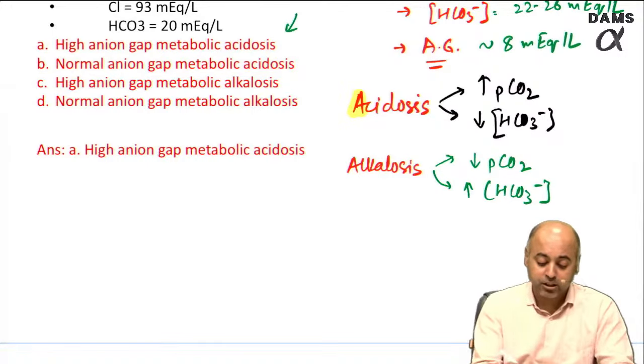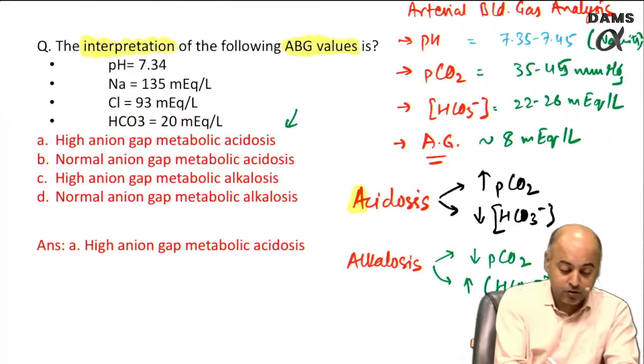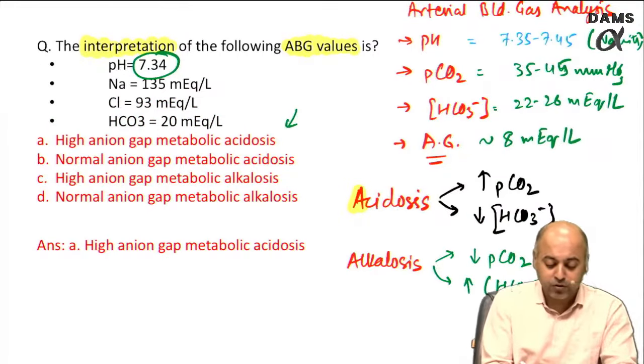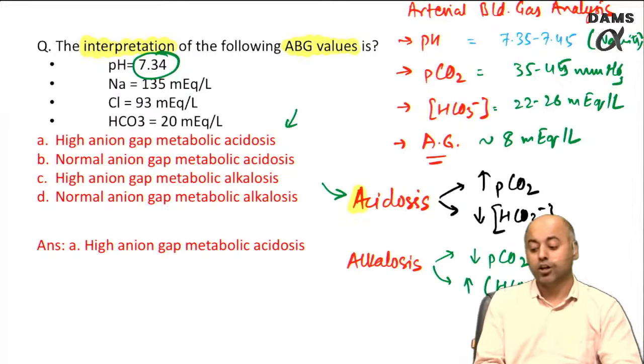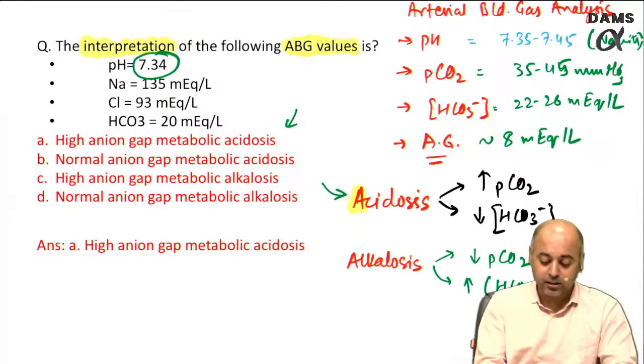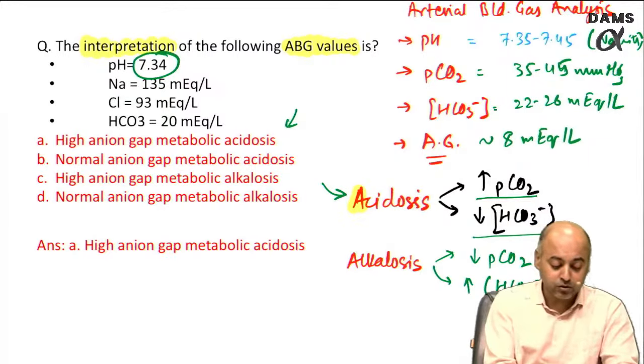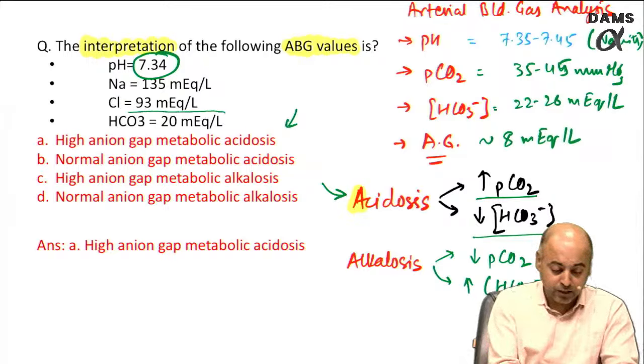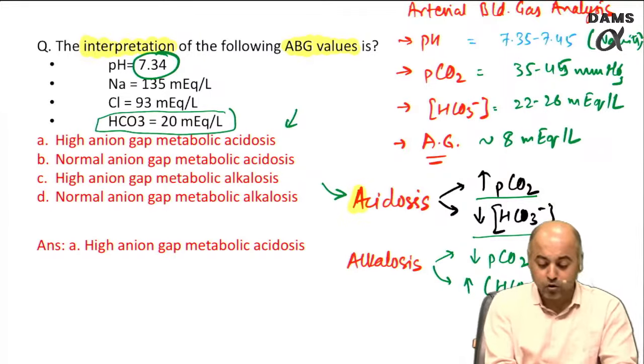For example, let's say you get the pH here of 7.34. 7.34 means you're looking at acidosis. Now when you're talking about acidosis, either the PCO2 should be high or the bicarbonate should be low. Now look at the values. What about the bicarbonate value? Is it low or high?